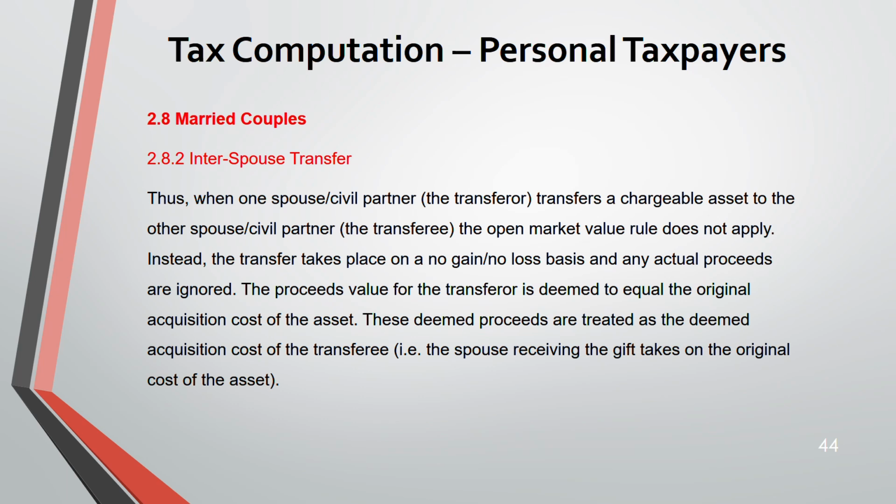We charge a proceed. There is an amount that we charge, deduct the cost, and we get a gain or a loss. But when the transfer is among the spouses, okay, then the open market value rule does not apply. Instead, the transfer takes place at no gain, no loss. So actual proceeds are ignored in this case. The proceeds of the transferor will be the cost of the transferee.